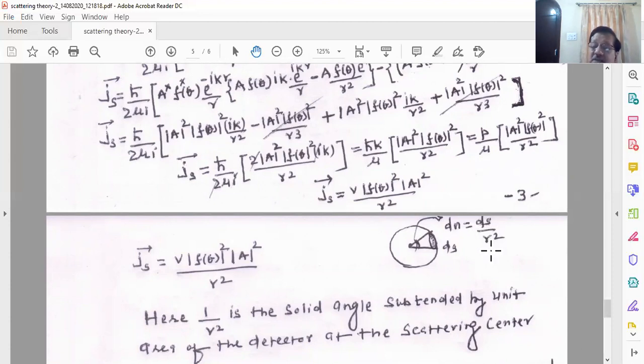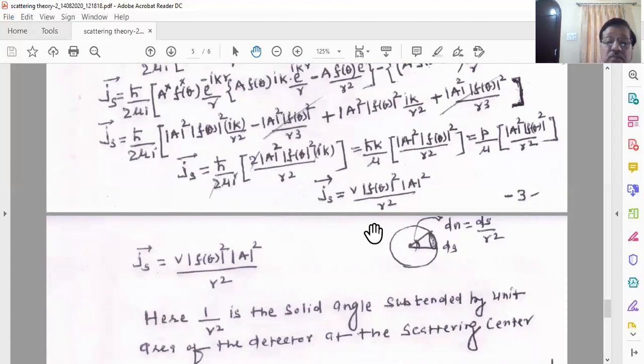You have studied this physics of solid angle and the definition of the solid angle in first year BSc, when we studied the differential form of Gauss's law, and I taught you the differential form of Gauss's law. We derived the expression using the concept of the cone and the solid angle.